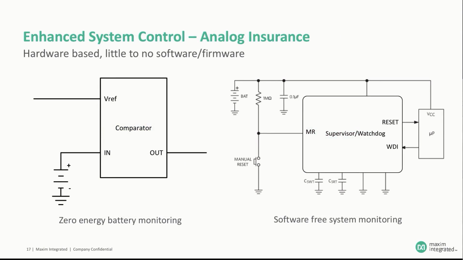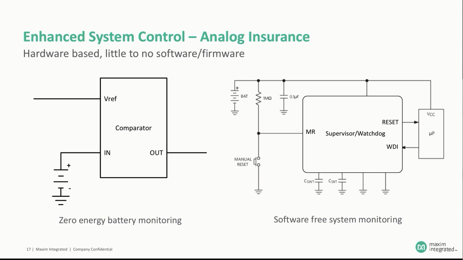Another benefit of nanopower is energy-free enhanced system control. Here we have two examples. One is a comparator monitoring the voltage of a battery. On the other side, we have a supervisor/watchdog part monitoring a microprocessor.